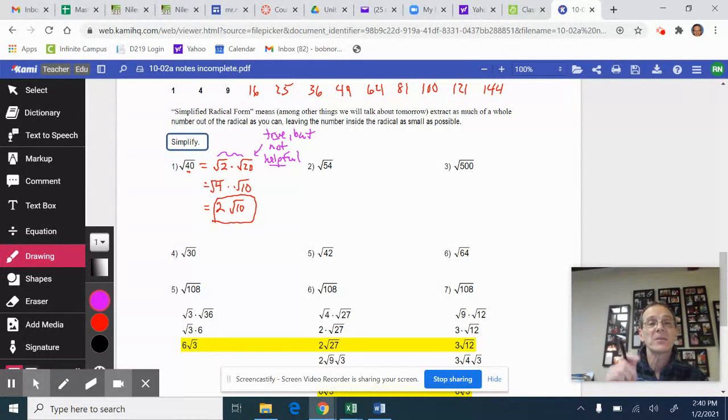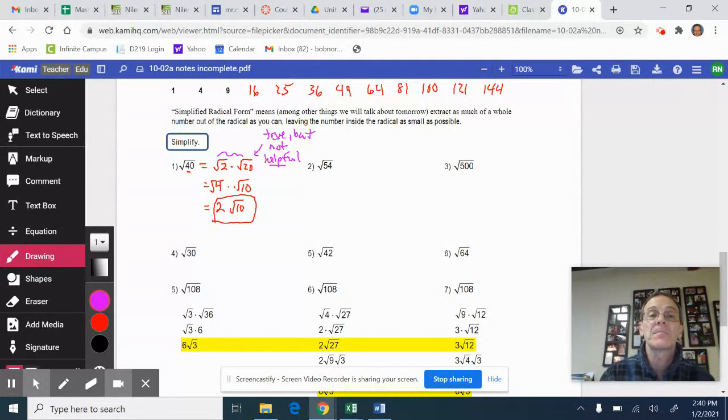Sometimes on a quiz, I'll put simplify square root of 40, and occasionally I'll have a student write something like square root of 2 times square root of 20, and they'll circle that. That is not a simplified version of the square root of 40. Because again, the objective is to get a whole number out of that square root. If you cannot get a whole number out of it, you can't simplify it. You just say, well, this is already simplified.